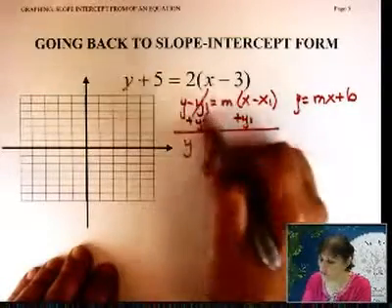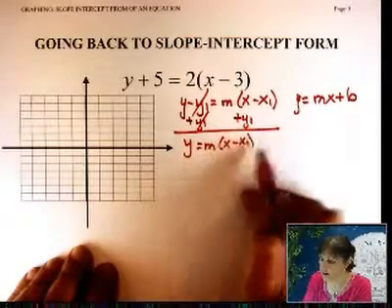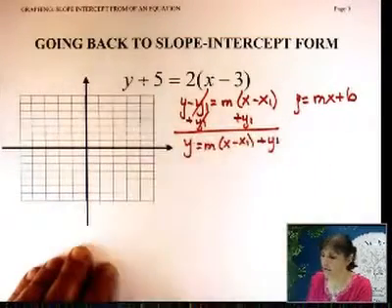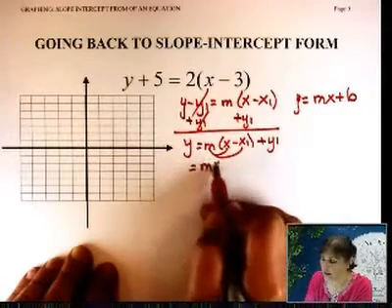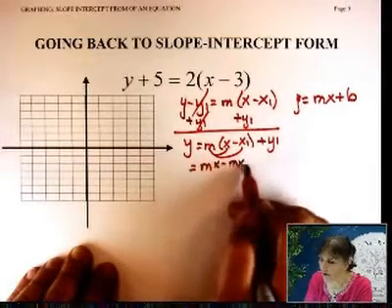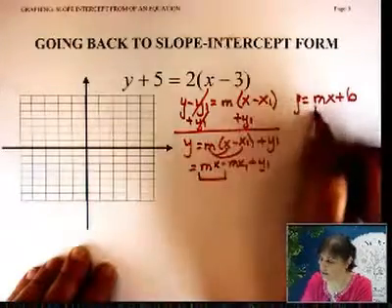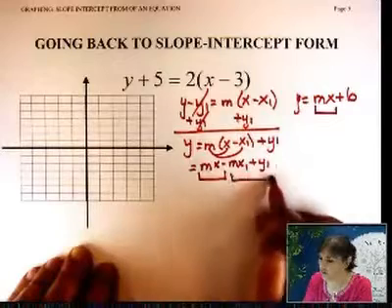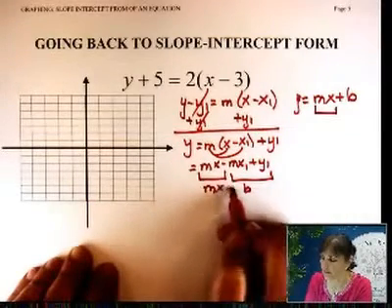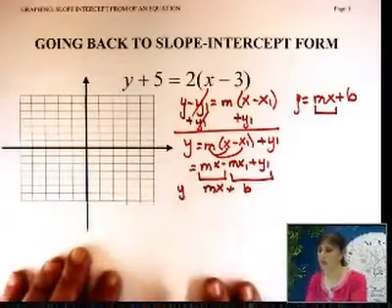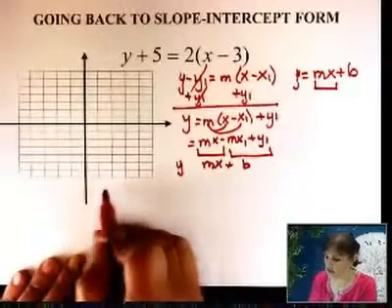Y equals m(x minus x1) plus y1. Then I'm supposed to FOIL it. And guess what? This part is going to be my mx, and this part is going to be my b. That's pretty easy.